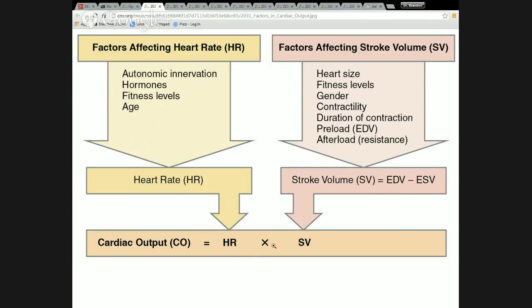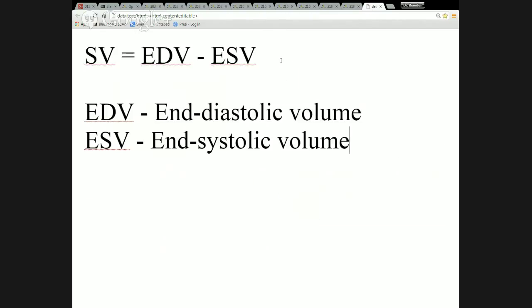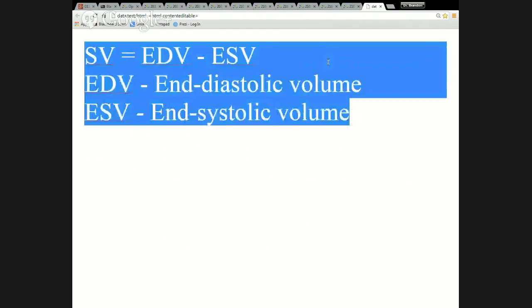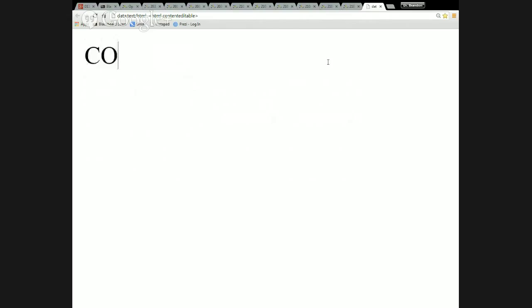And so cardiac output is combining those two things. And if we think about the units involved, stroke volume is traditionally measured in milliliters. Cardiac output equals heart rate times stroke volume.